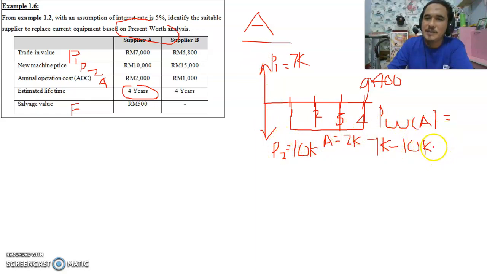We have the expense AOC of 2k, but 2k is an A, not a P, so we need to convert A to P. So 2k times P given A, with i at 5% and N at 4 years.